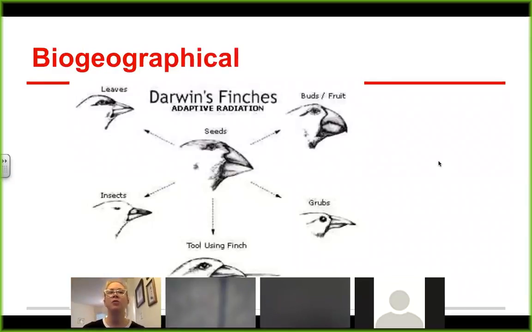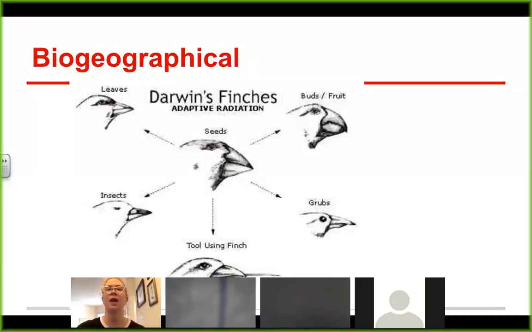We also have the biogeographical evidence, right, which was actually the first evidence that Darwin personally saw about evolution, right? He was really into observing nature. And so he went to the Galapagos Islands and he noticed all these finches, right? On the mainland of South America, finches eat seeds. That's it. They don't really have variety in beaks or food type.